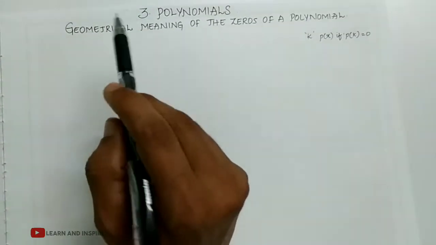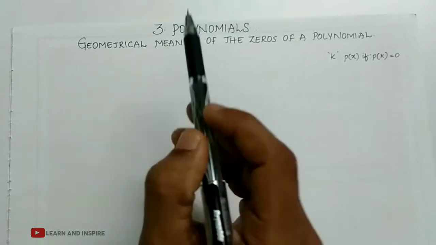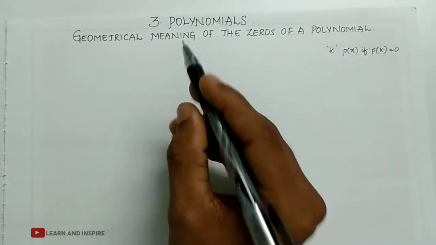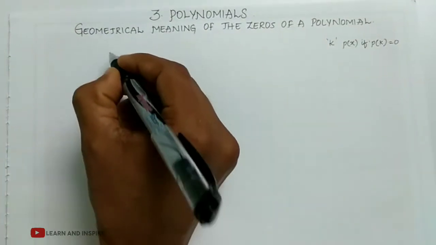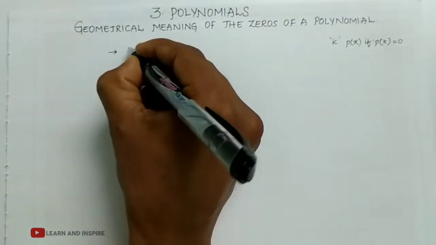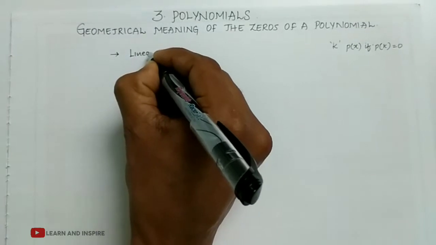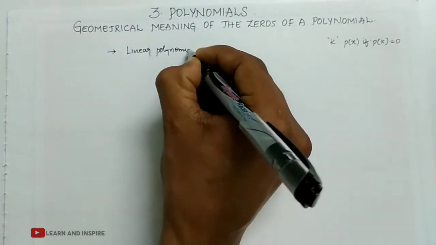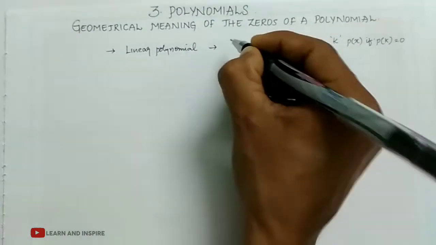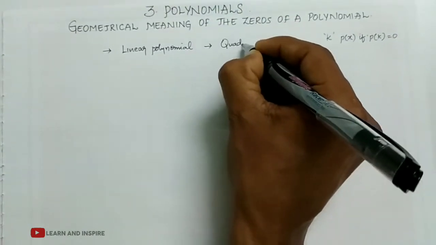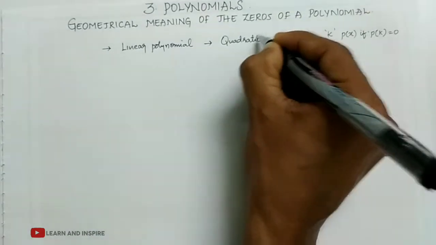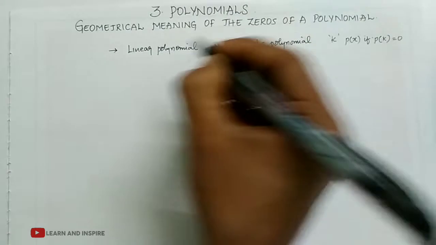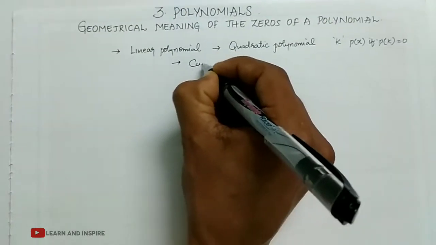Now let us see the graphical representation of linear polynomial, quadratic polynomial and cubic polynomial. So we have three types: one is linear polynomial, second is quadratic polynomial, and the third is cubic polynomial.